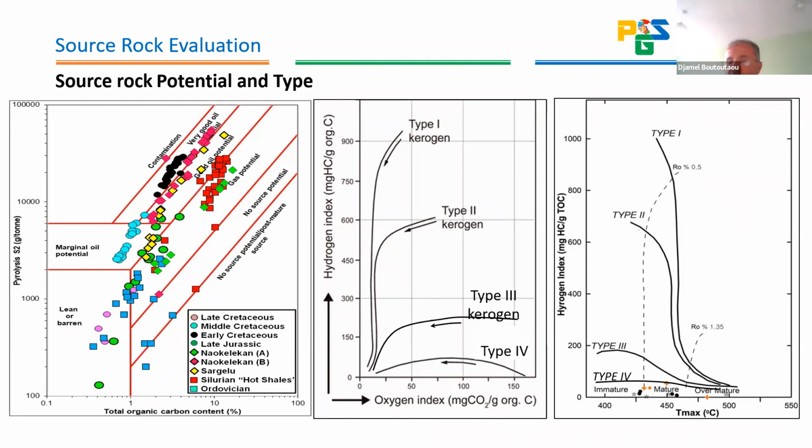So the highest amount of hydrogen, represented by hydrogen index, the most oil prone is the source rock. And the higher the maturity, the lower the hydrogen index. It decreases drastically with maturity because we are converting our kerogen to hydrocarbons, either liquids or gas.